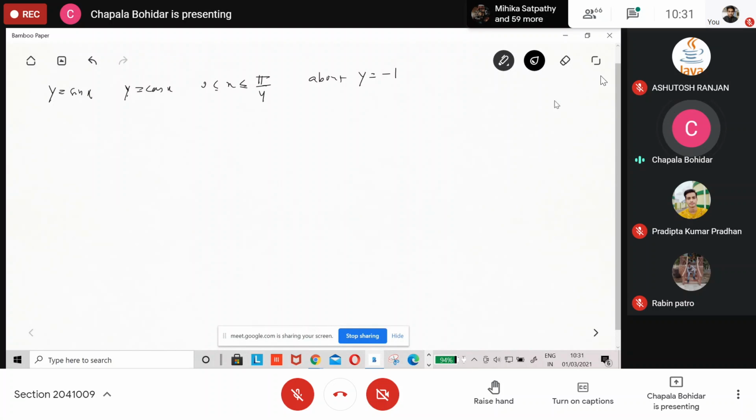Okay, the cross section here is the bounded region, rotated about y is equal to minus 1. First you draw your figure.